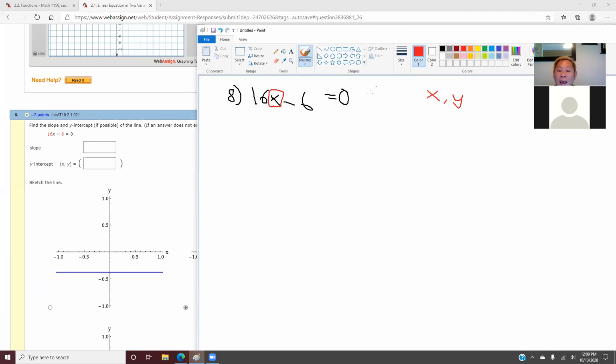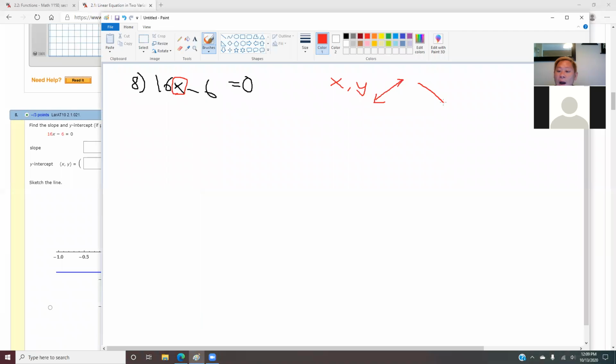If you have both x and y, then the line is either going upward or downward. If you just have an x variable, then your line is a vertical line. And if you have just a y variable, then this is a horizontal line. Since this equation only has an x variable, we know that it will be a vertical line.